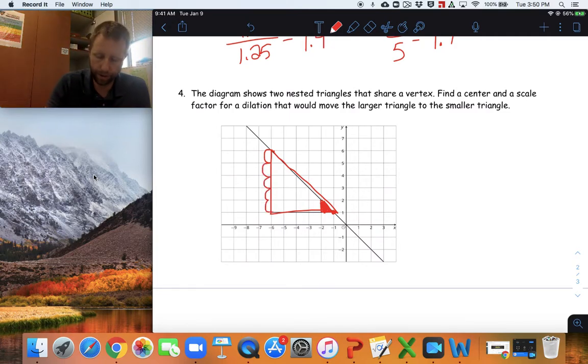That's the height of the triangle. For the little triangle, it's just 1. Okay, for the width or the base, it's 1, 2, 3, 4, 5 for the large triangle, and just 1 for the smaller triangle. So I have to go from a 5 to a 1. Well, the scale factor that would take a 5 all the way down to the 1 is to multiply by 1/5.